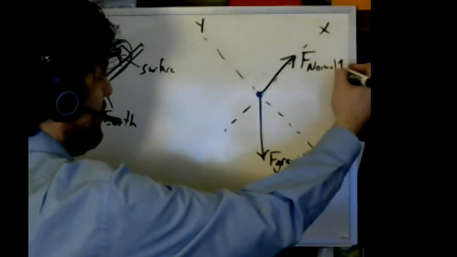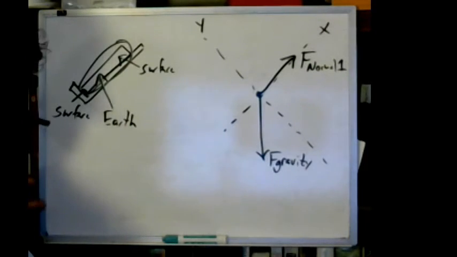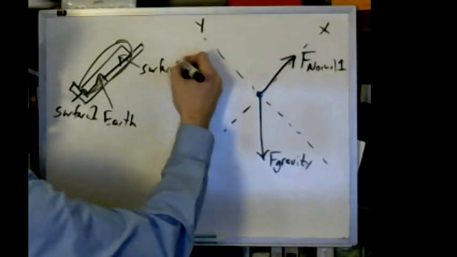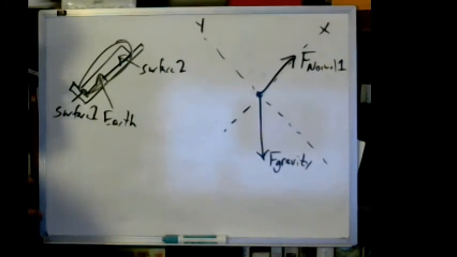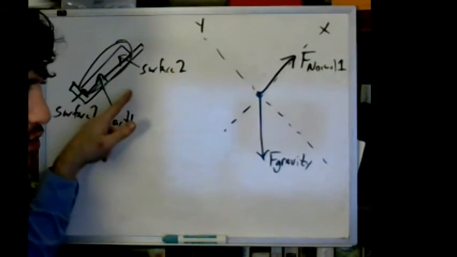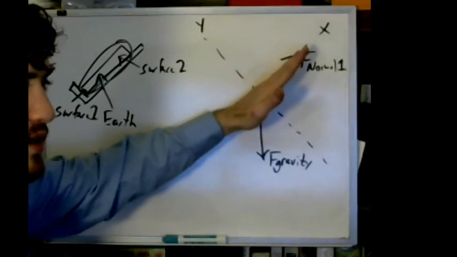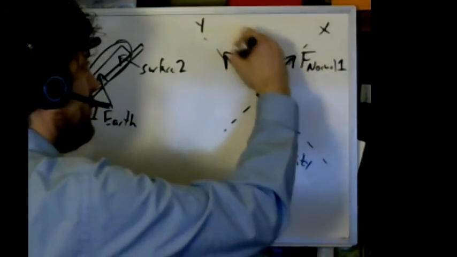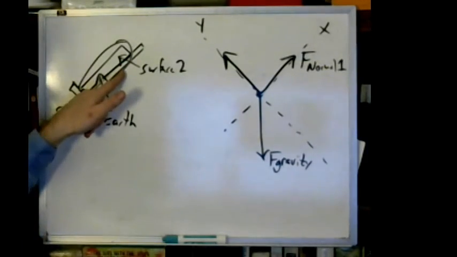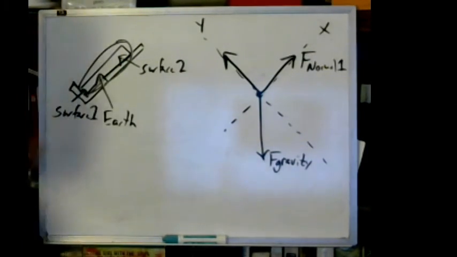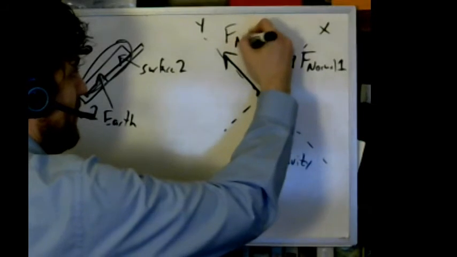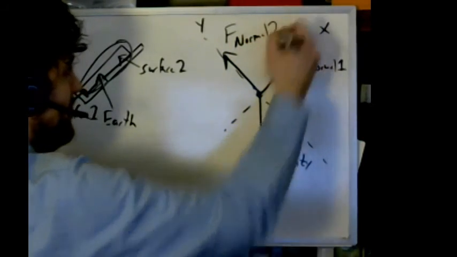We'll call that the normal force number 1. So we'll call that surface 1. This will be surface 2. Surface 2 is providing a normal force, normal to itself. Here's surface 2. It's providing a normal force this way. This surface is holding the book up in that direction. F normal 2.